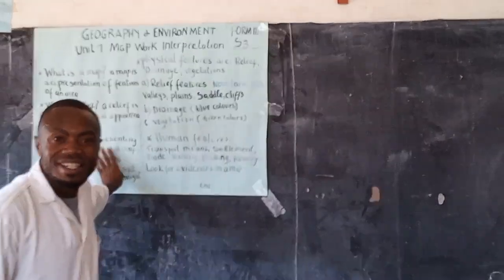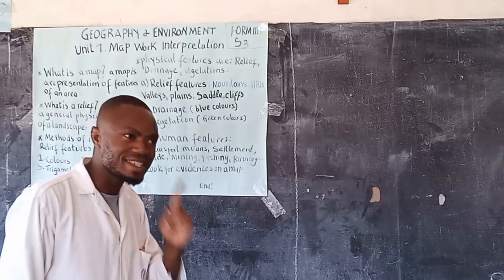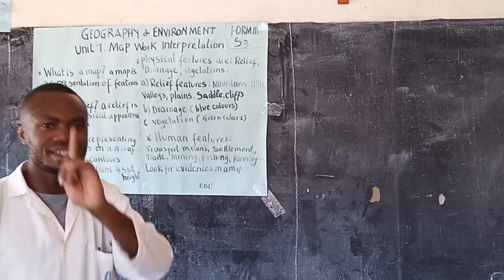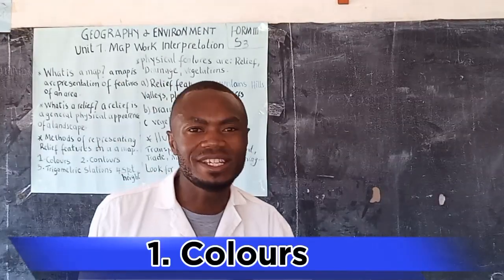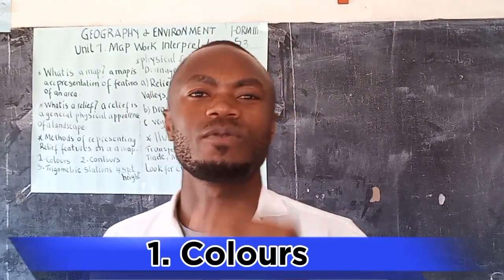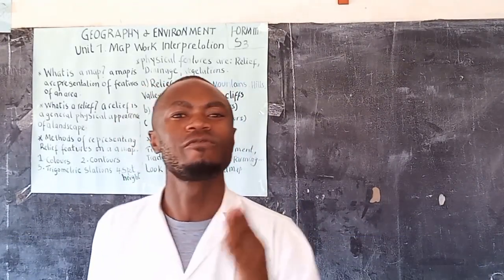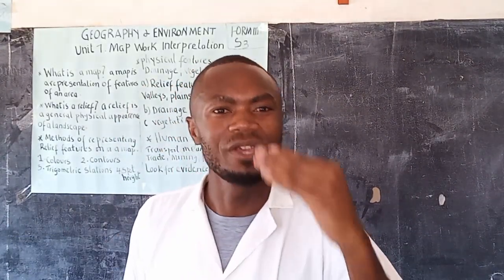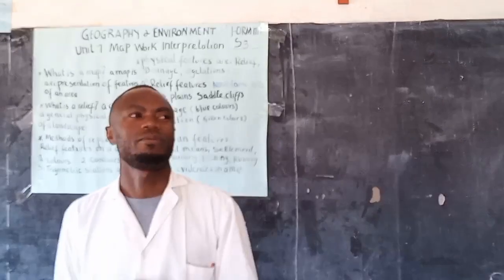When we are representing relief features on a map, we first need to see the first element, which is colors. What is the use of colors when we are describing relief features on a map?